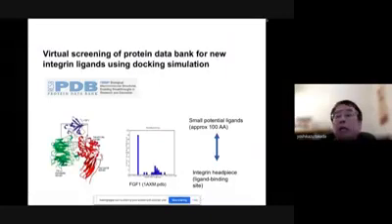Okay, so then I start presenting my own work. Integrins are receptors for extracellular matrix proteins and cell surface ligands.